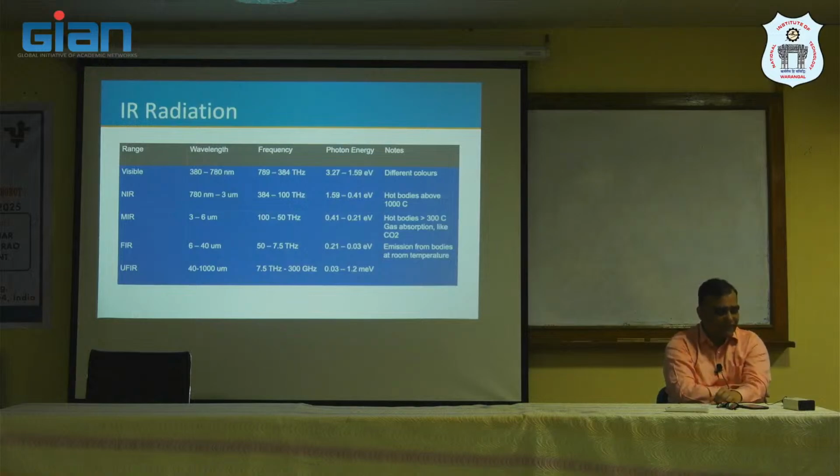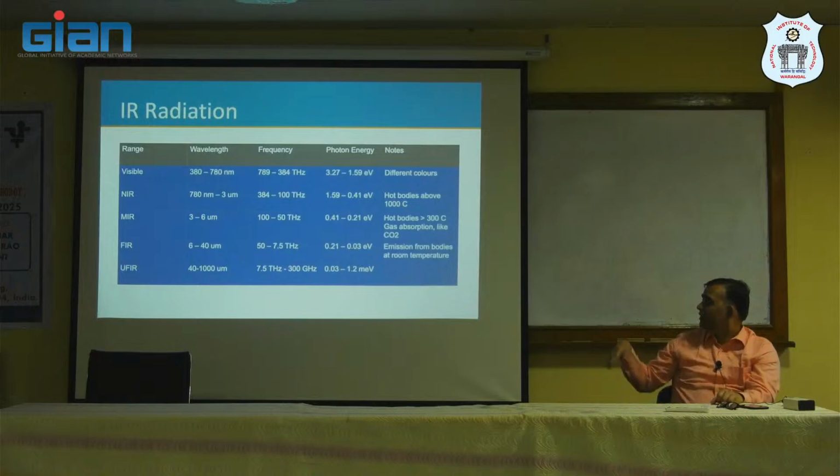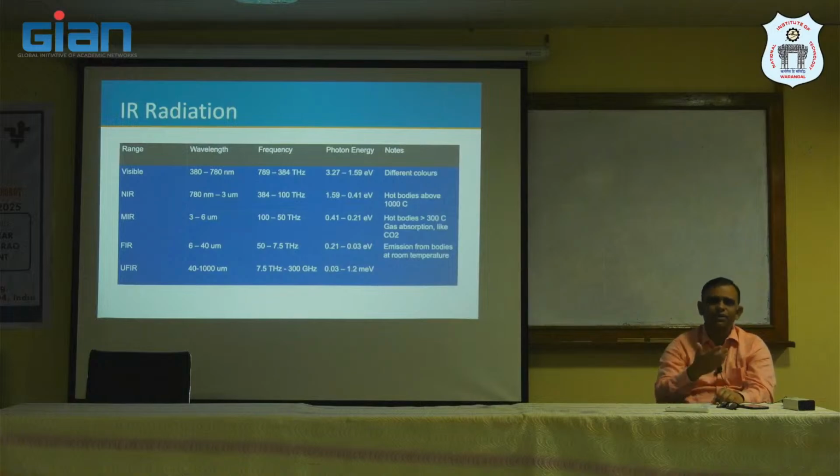In order to do that, the first thing we need to do is find the photon energy there. So at 3 micrometer, what is my photon energy? 0.4 electron volt, and you can do the same calculation again. I am not going to bother you with calculations. Now let us try to find a material.